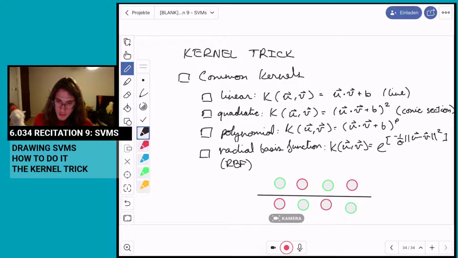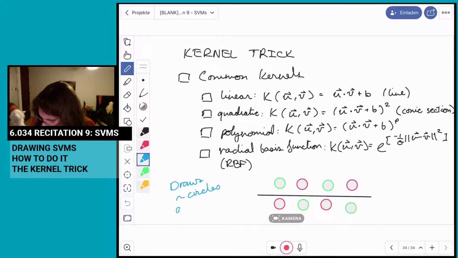What it does, intuitively, and then I'll tell you a little bit more precisely mathematically, when you look at it, is that it draws approximately circles around points.